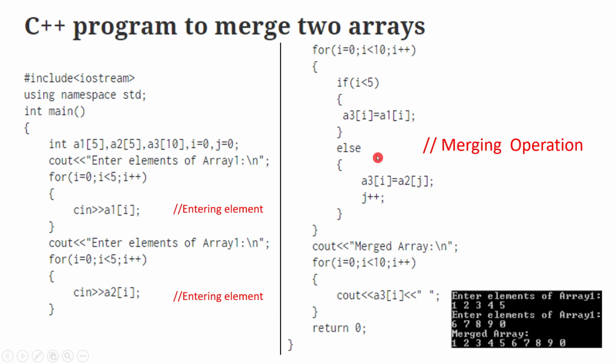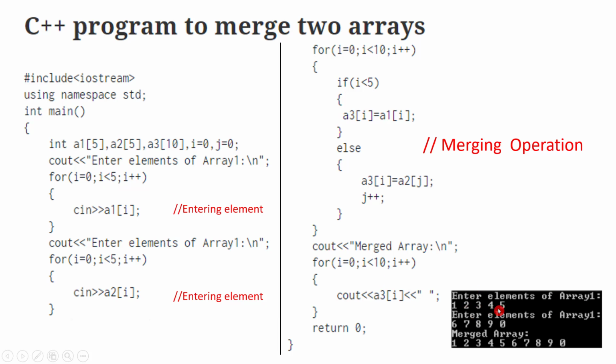So this will execute till the 0, 1, 2, 3, 4th positions, a1 will be entered into a3 I, and from the 5th, 6th, 7th, 8th, 9th positions, a3 I will be taking the values from a2 J. J plus plus for this increment, closing bracket. Cout merged array, for I is equal to 0, we have the values. So very clear.